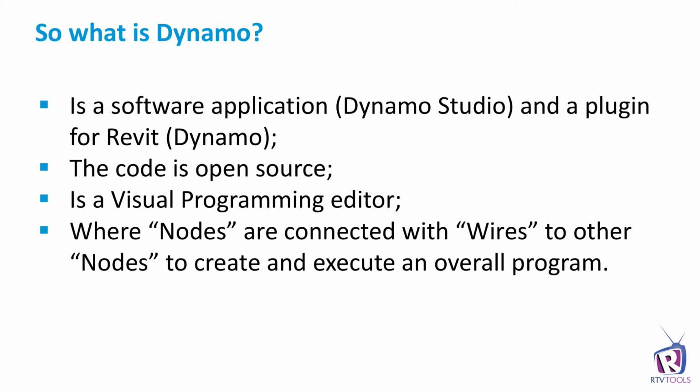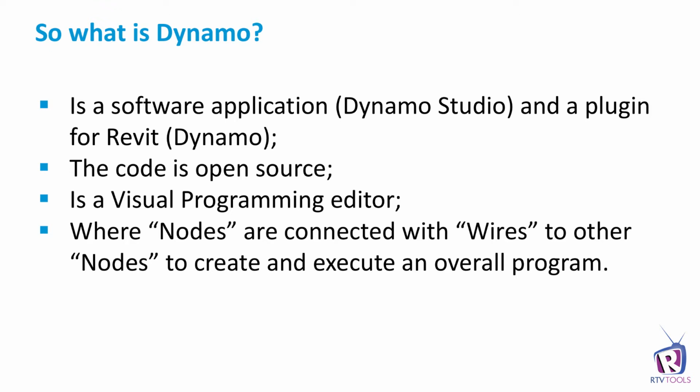What do we mean by that? You don't have to code in a text document fashion. You don't have to learn a new language to code. Basically, you place what we call nodes, and you join the nodes together with wires. What is a node? Think of it as a piece of code or a function or a program that runs that might include some Python.